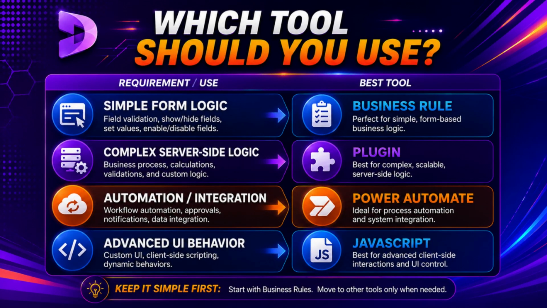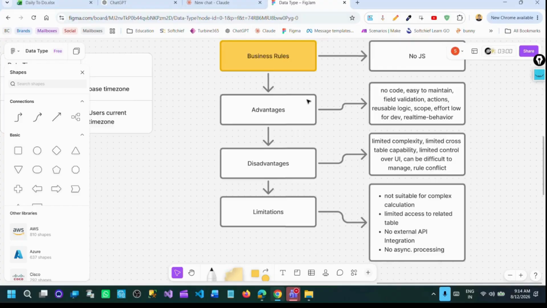There is one important interview question asked: you should not assume that every business rule scenario is equivalent to server side, because unless it is entity scope, it never runs server side.